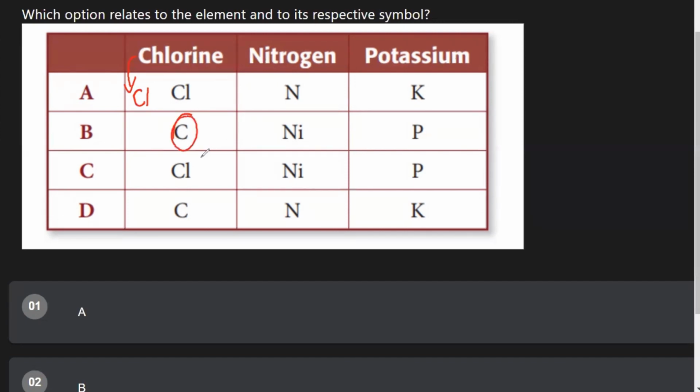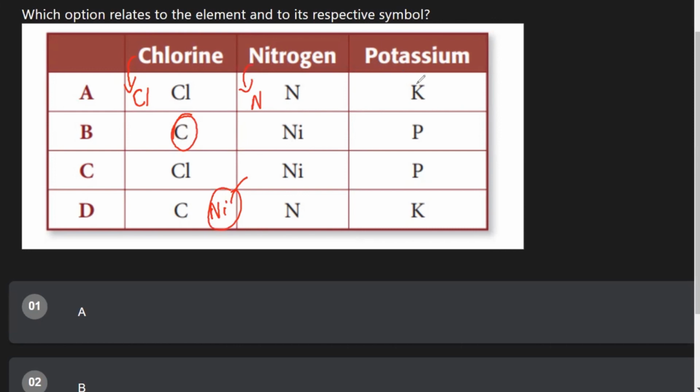So carbon already took the C. C is actually carbon. The nitrogen also is derived from its English name nitrogen. So it has the symbol N. Why not Ni? Because nitrogen was the element that they found first. So they found another element that has a name that starts with Ni, which is nickel. So nickel got the symbol Ni instead of N.